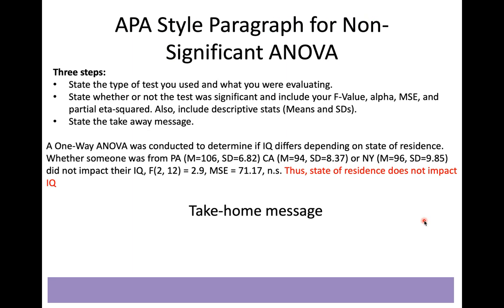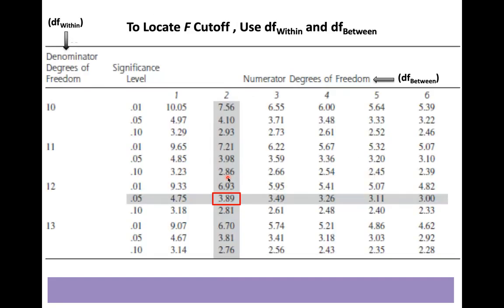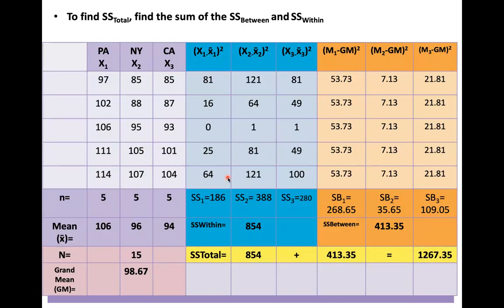So if we remember back to our question about IQ in Pennsylvania, California, and New York, I had listed in the APA style conclusion the mean squared error as 854, which was incorrect. 854 is the sum of squares within. What we want is the mean squared within. Sorry about that.